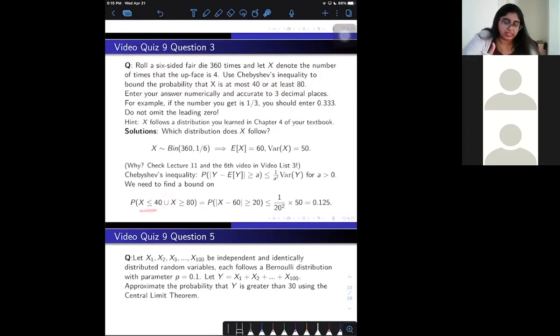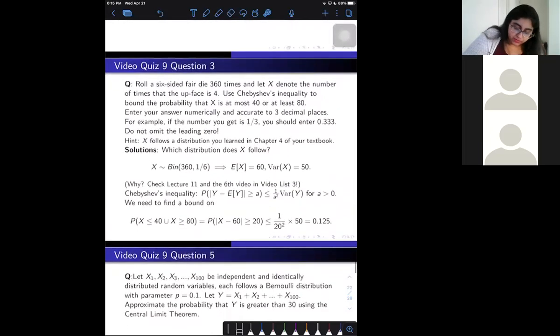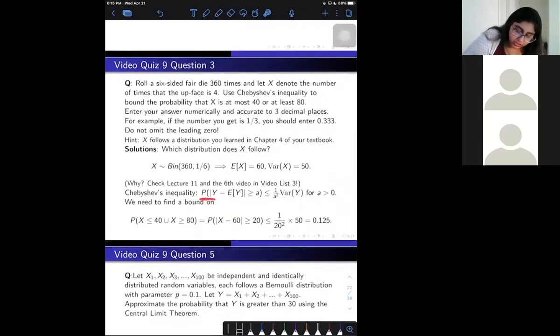What is the probability that either this happens or this happens? Now, Chebyshev's inequality is the probability that the absolute value of Y minus the expected value of Y is greater than some amount a. Then we use this inequality.